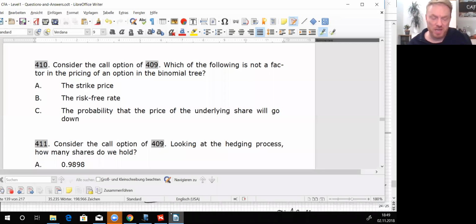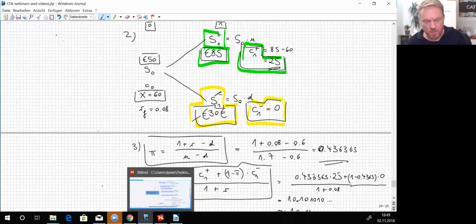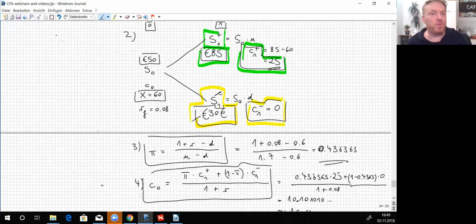The risk-free rate is a factor just as well. What did we see? Yes, C0. Looking here, there's the R, the risk-free rate.